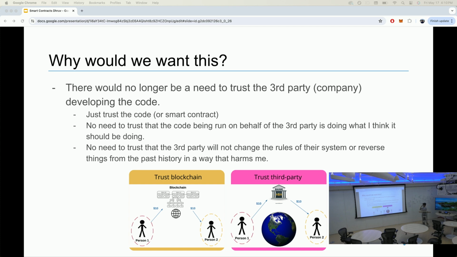In the system we're describing, all you have to do, as this image shows, is trust the blockchain. You can see the code on the blockchain versus having to trust some third party. That's kind of the model of transactions, but smart contracts broaden this to a wider variety of running programs and code in general.